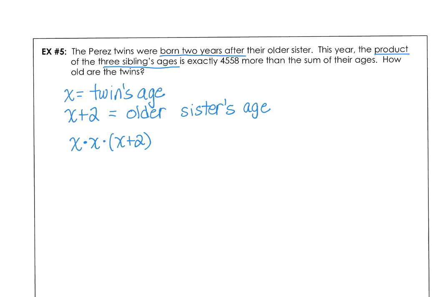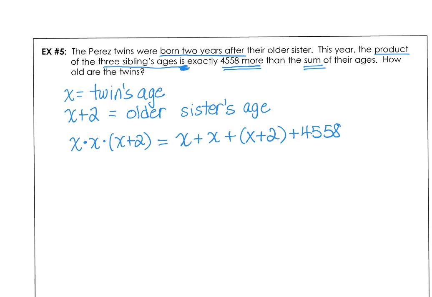Their age is exactly 4,558 more, so that means to add the sum of their ages. So we're going to add up their ages. Twin 1, twin 2, the older sister. When I add up their ages and I add 4,558 more, that's the same as the product of their ages, because here's the equal sign.